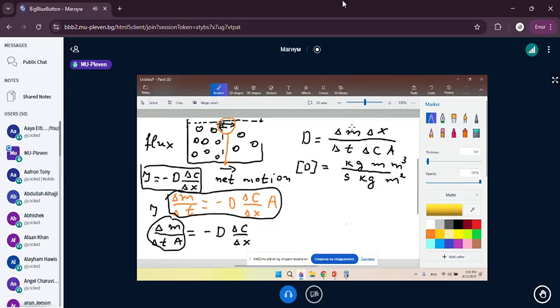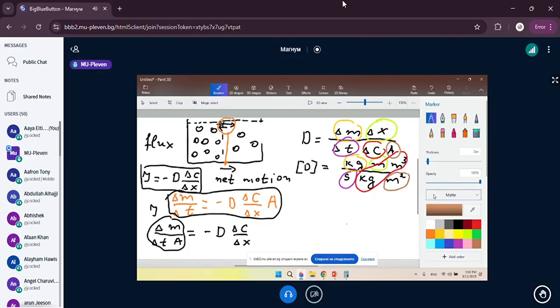So mass in kilograms, distance in meters, time in seconds, kilogram per meter cubed for the concentration, and finally meter squared for area.